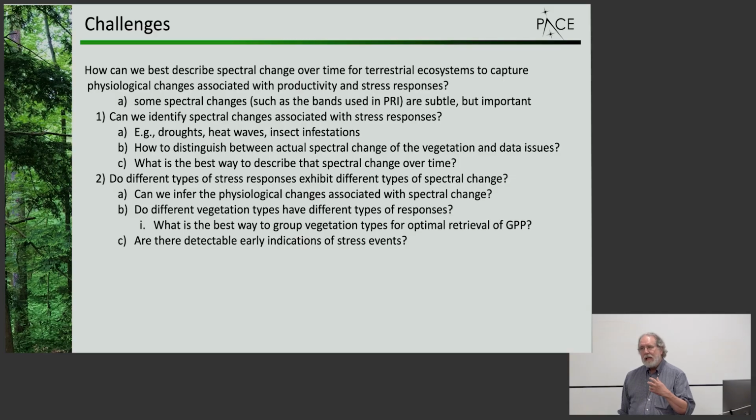For example, insect infestations, or an indication that the forest is becoming stressed, which may mean it is more likely to catch fire or have an insect infestation. So these are all things I believe can be done with PACE, but are out there to do, so go and do them.